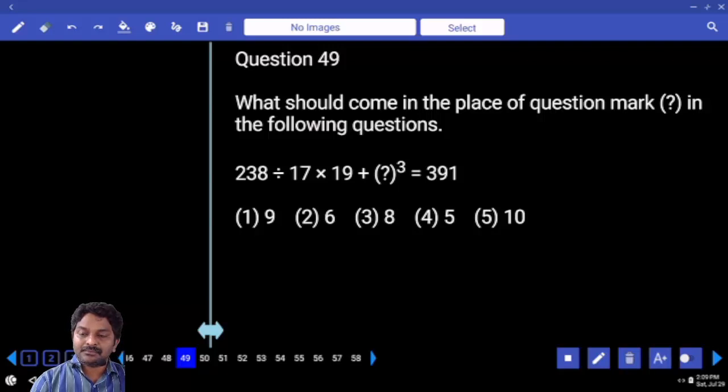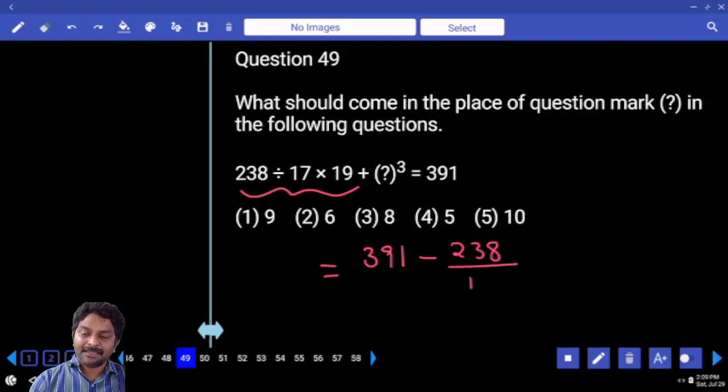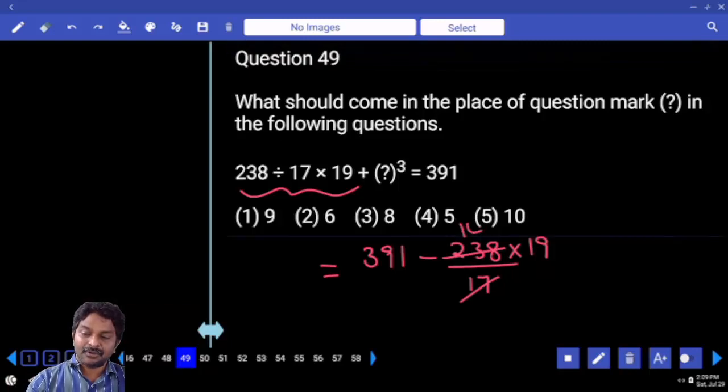Now, this value goes to right hand side, which is 391 minus 238 divided by 17 into 19. 17, 117, 68, 4 times.